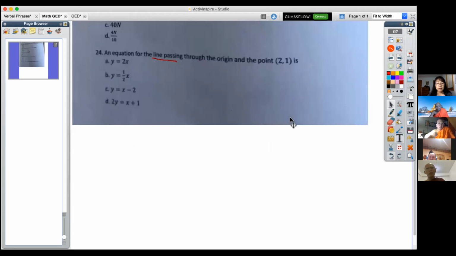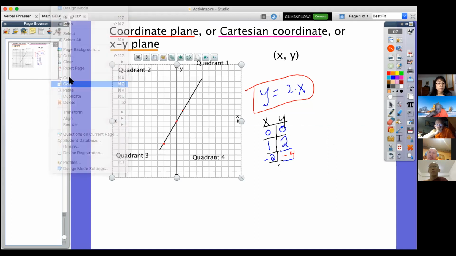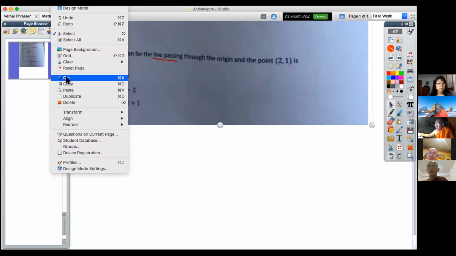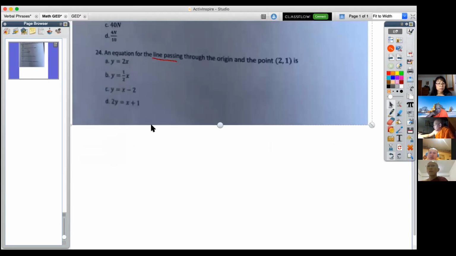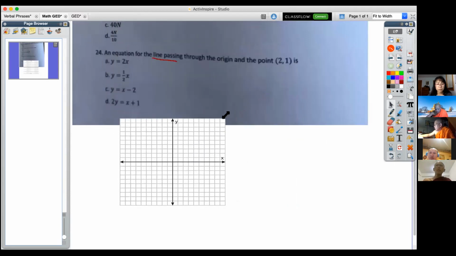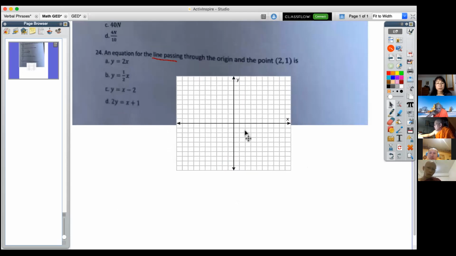So if you have 2, 1, which one of these is your line? Okay, wait a moment. 2, 1, it's 1. It's 2. So which one is your line? Number 1.